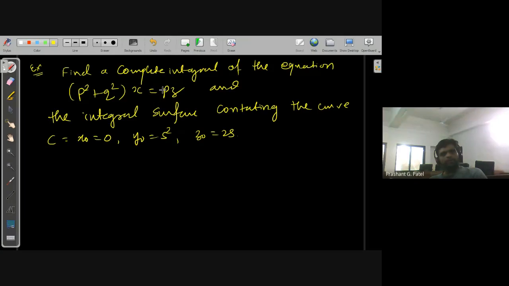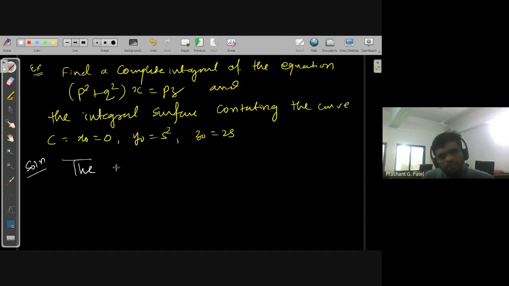From a nonlinear differential equation, you can use either Charpit's method or Jacobi's method to solve it. Once you obtain the solution, we are required to find the solution passing through this curve.